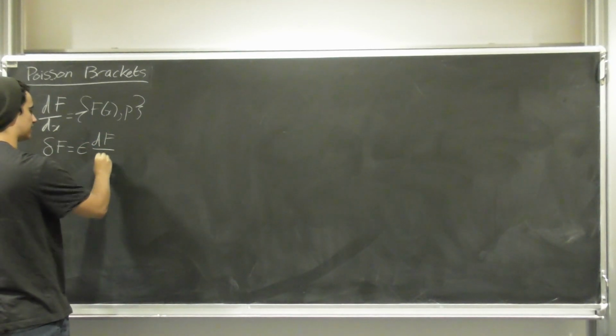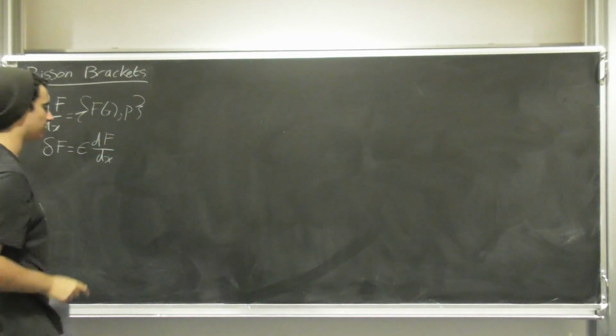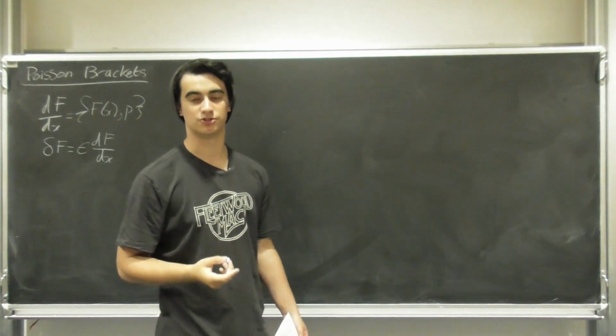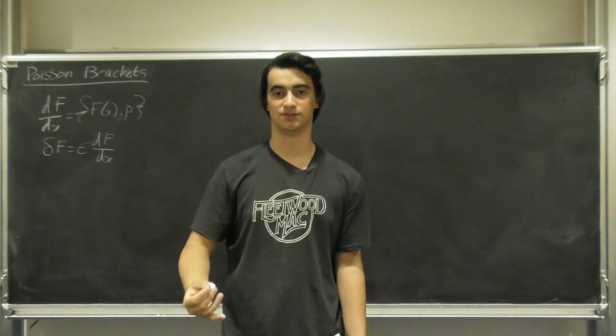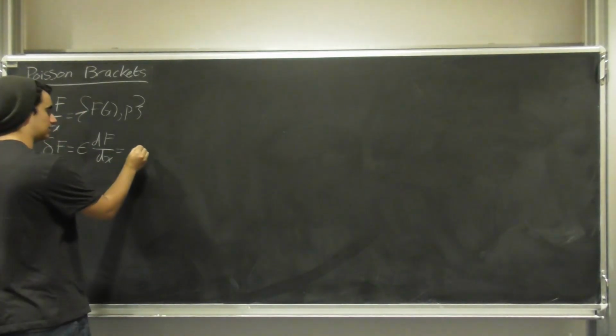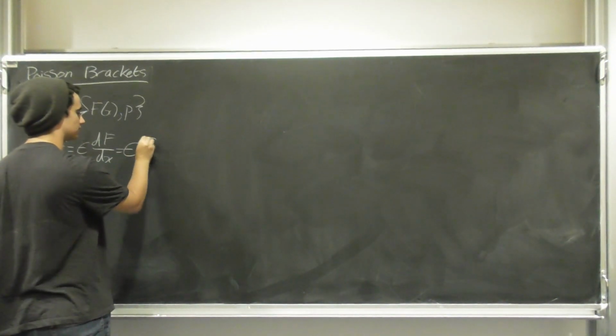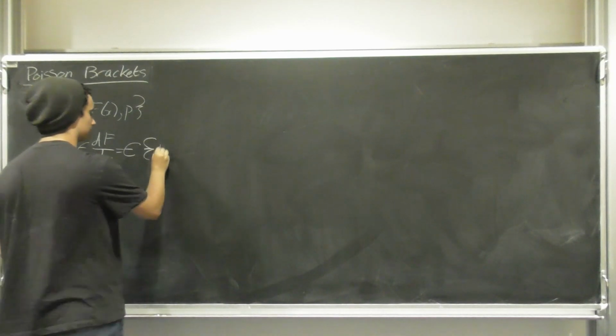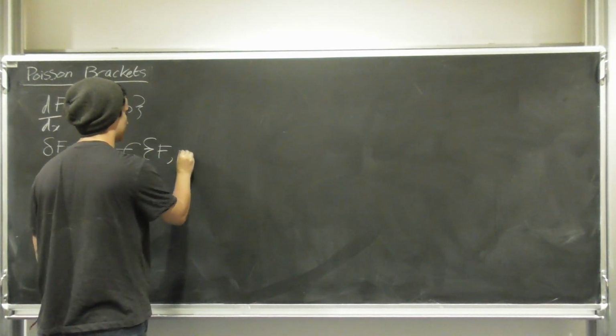So how much f responds to change with x, times some distance in the x direction. And we can say this equally as epsilon times the Poisson bracket of f with p.